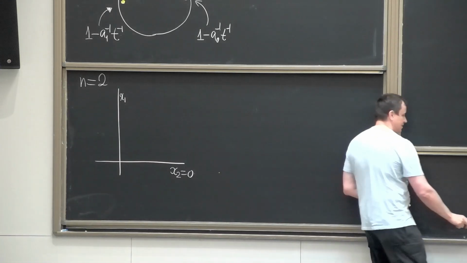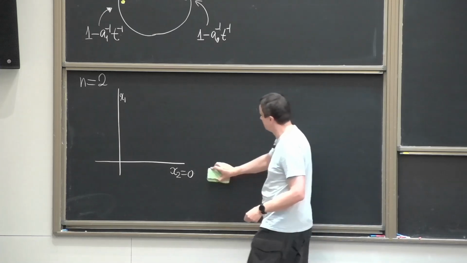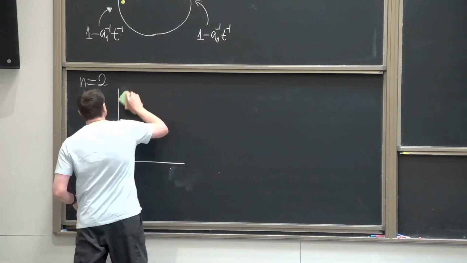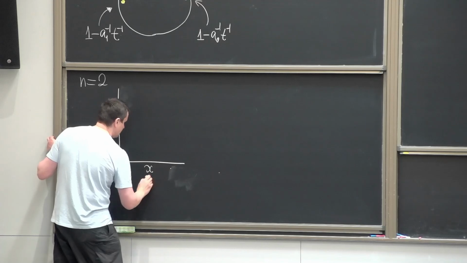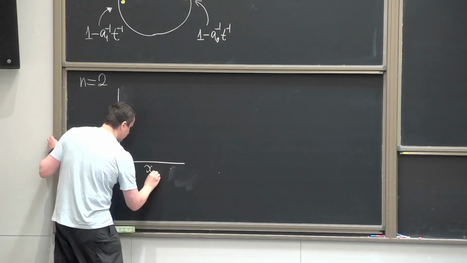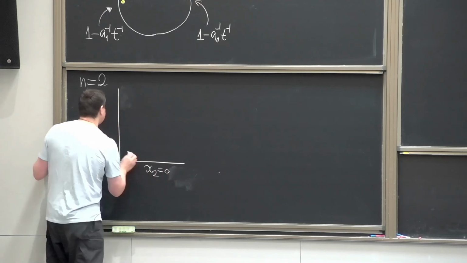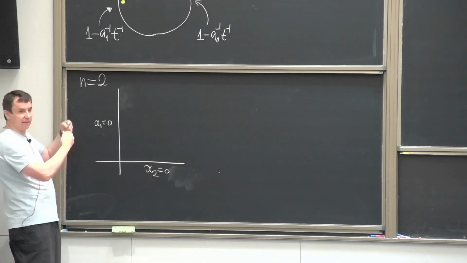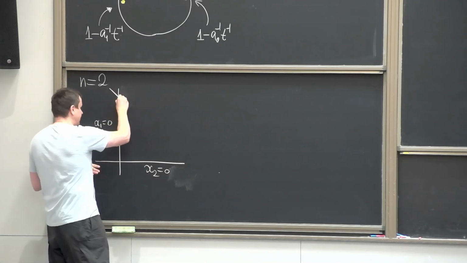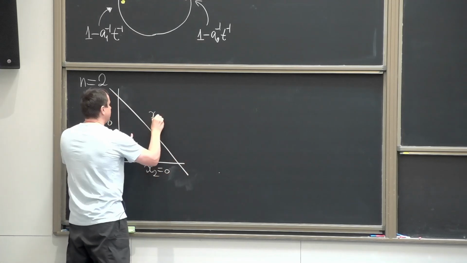Maybe I should write it slightly smaller. So this is the line where x2 is equal to 0. This is the line where x1 is equal to 0. And we should add, in projective space, the line at infinity, where x0 is equal to 0.